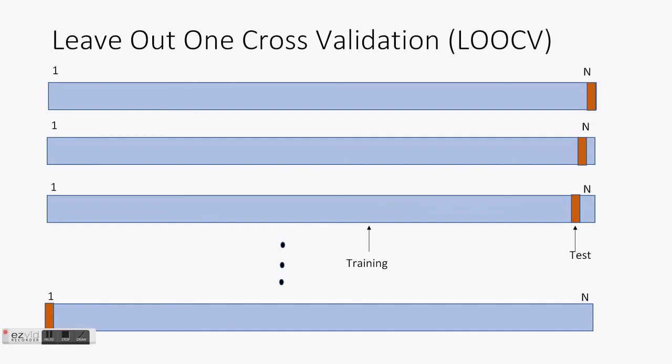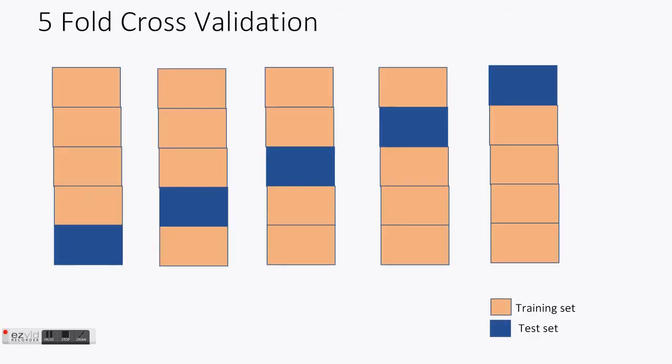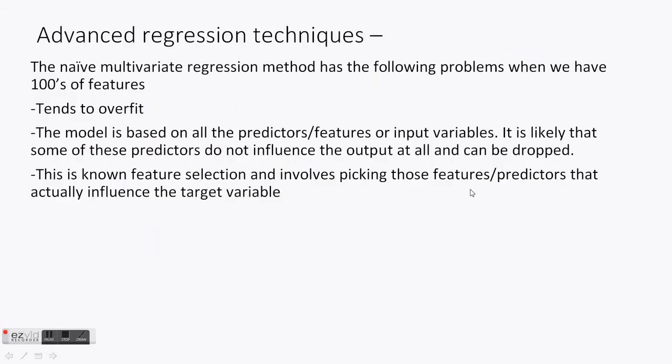We do this n times, and each time we compute the error and average it to get a more realistic estimate of the error. The other option is k-fold cross-validation, where you divide the data into k folds or partitions, and you train on k-1 folds and test on the kth fold. You do this k times, and you average out the error.